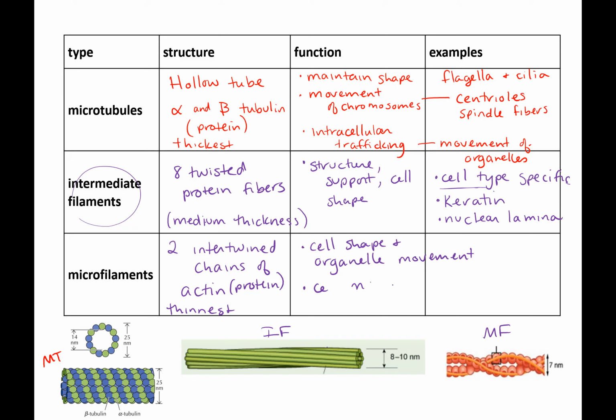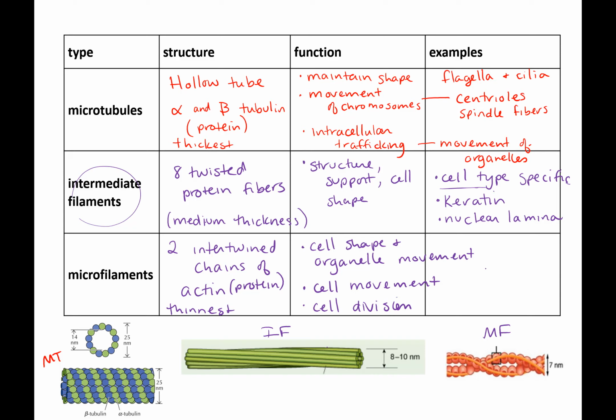So some cells can actually crawl, and they crawl by the microfilaments, the actin filaments, growing on one end and shrinking on the other end, and allows the cell to crawl forward. They're also important in cell division. So when you're dividing into two, they help push the plasma membranes away from each other and help the cell grow and separate into two different cells.